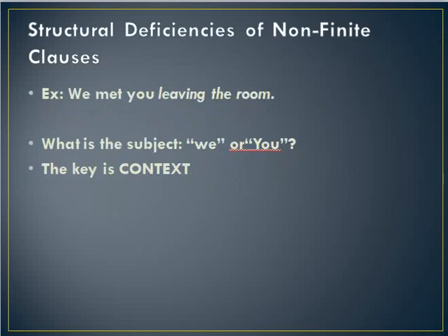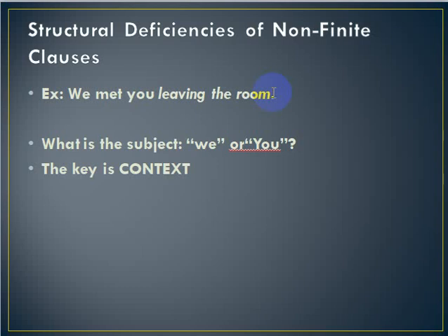If we take this example, we met you leaving the room. Now, we met you is the main clause. We, subject, met, verb, and you, object.